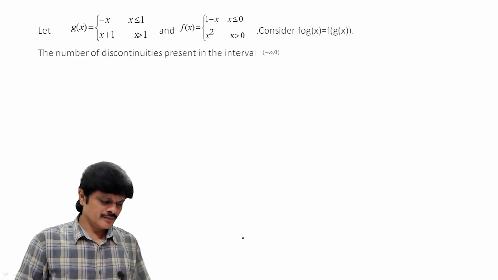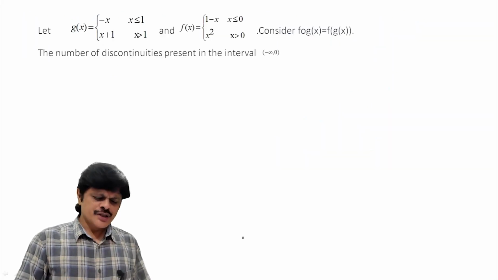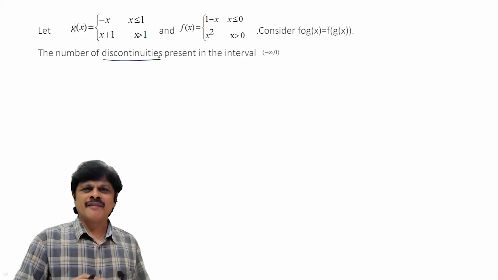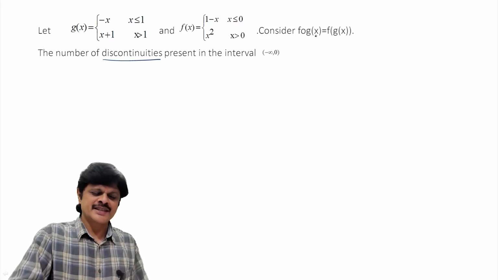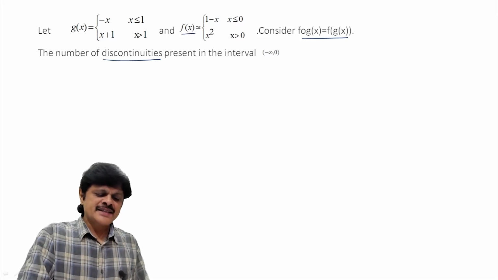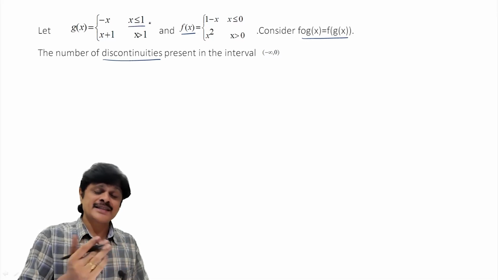Okay. So this was a GATE question. Of course, this question is about discontinuities. We are talking only about the definition of the function. But if you don't understand the definition, the discontinuities part cannot be handled. So I want you to understand this f circle g of x. If you observe, f of x is defined for x less than 0 and x greater than 0. g of x is defined for x less than or equal to 1 and x greater than 1.